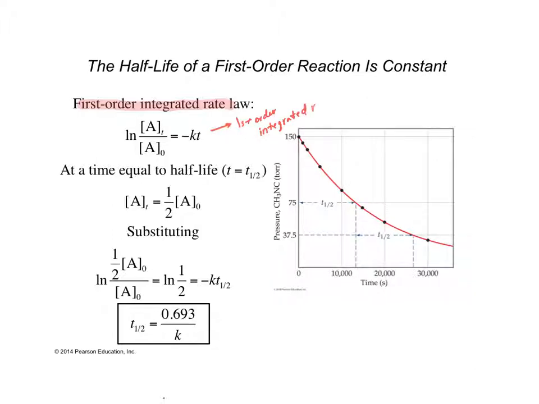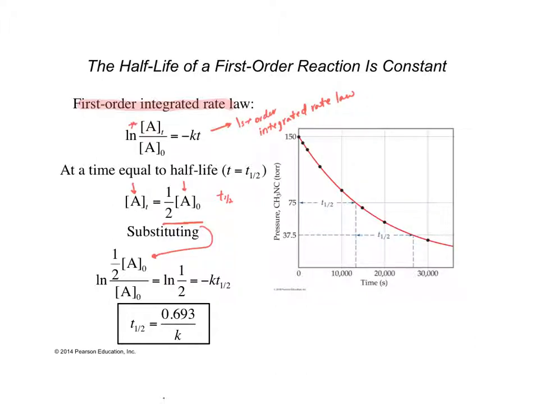Now I'm going to set the concentration at whatever time we're looking at equal to 1/2 the initial concentration. So again, what is the half-life? It is the time that it takes for the concentration to equal 1/2 of the initial concentration. So we're going to substitute it in for A_t from above.